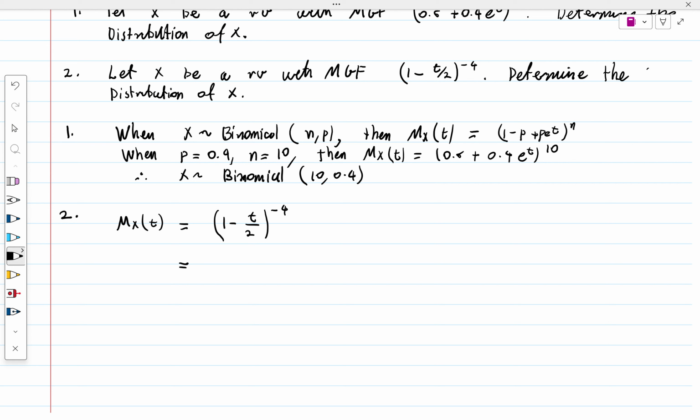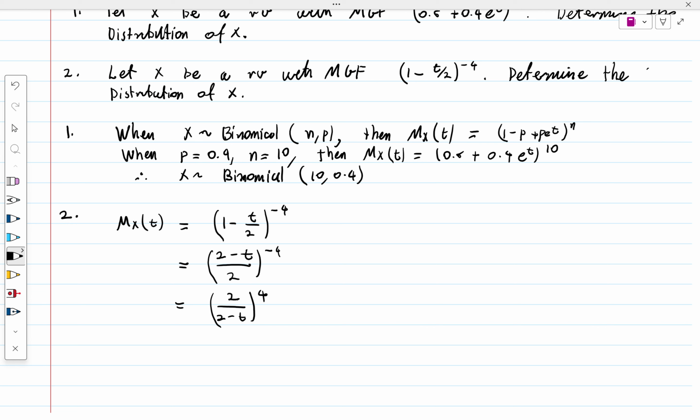The first thing I'm going to do is combine the entirety of the expression in the brackets in one fraction. That becomes ((2 - t)/2)^(-4). To remove the negative power, I can flip the inner fraction, because that's how a negative power operates. So it becomes (2/(2 - t))^4.